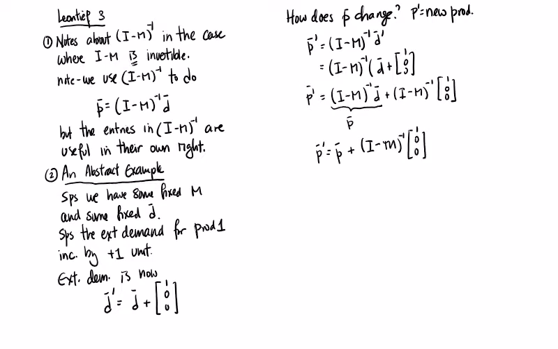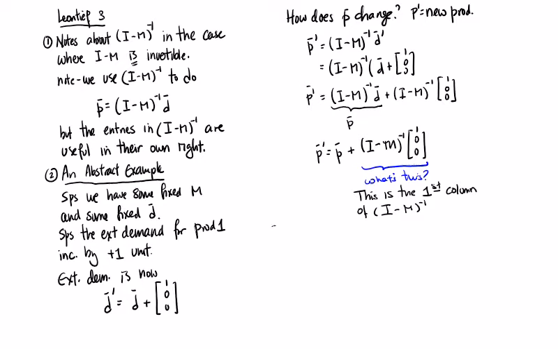Now, the question is, what does this right-hand side, this piece right here, represent? It turns out that when you do matrix multiplication, this product gives us the first column of I minus M inverse. This is just a consequence of doing matrix multiplication. There's nothing special going on there.